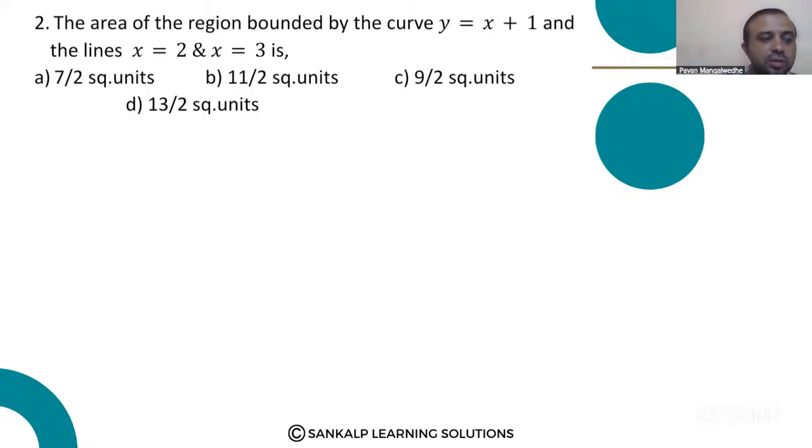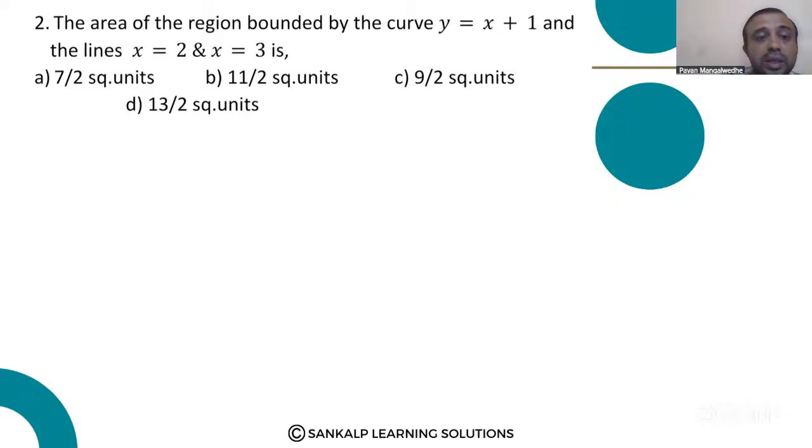The area of the region is bounded by x is equal to 3 and x is equal to 2, the two lines. Now try with the integration.